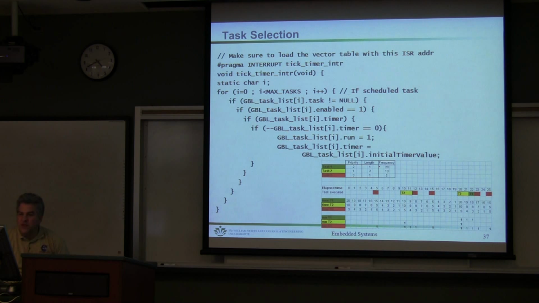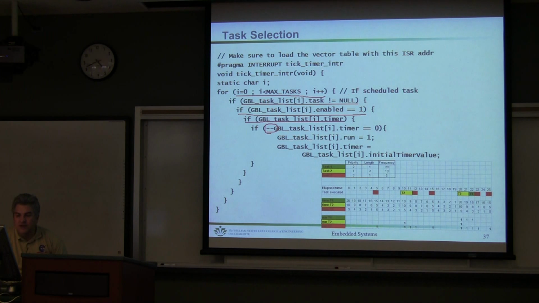So probably the more interesting thing is in our interrupt service routine. We will go through each of the tasks, and if it is a valid task, and if it is enabled, and if the timer is non-zero, which it should always be, then you will decrement it, and that's a pre-decrement.